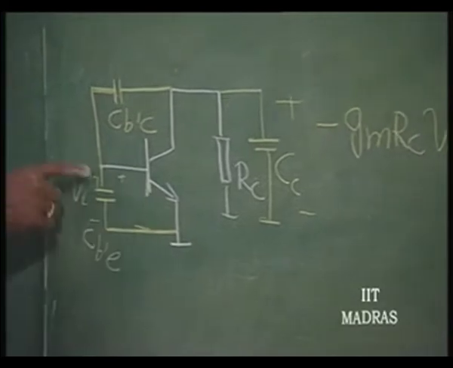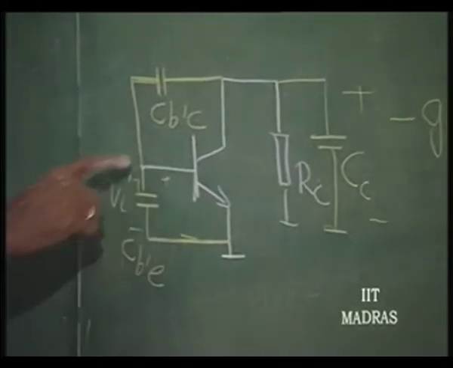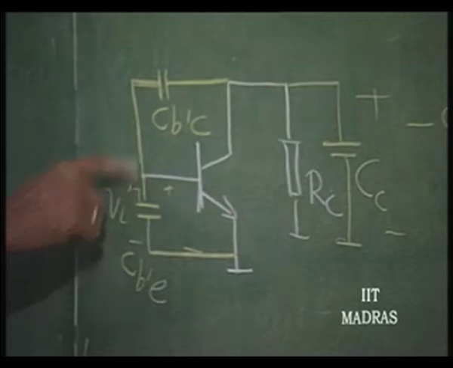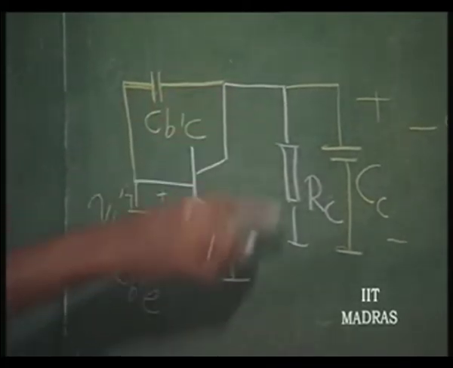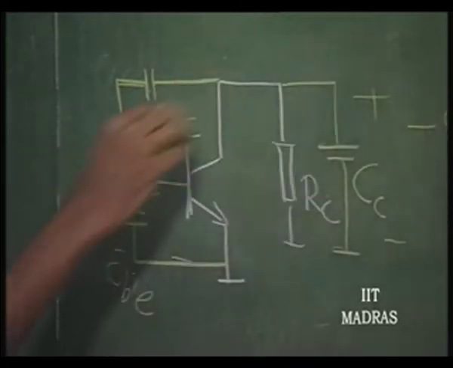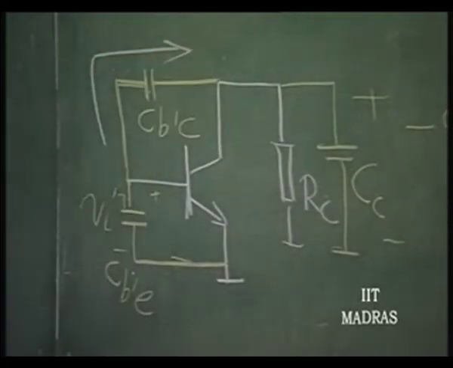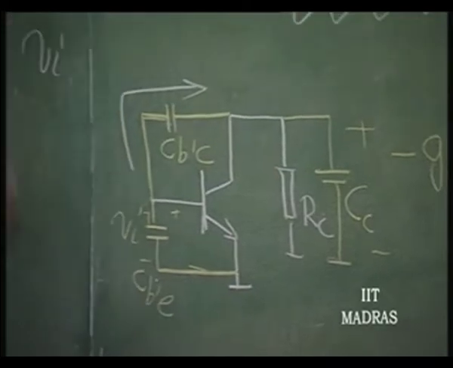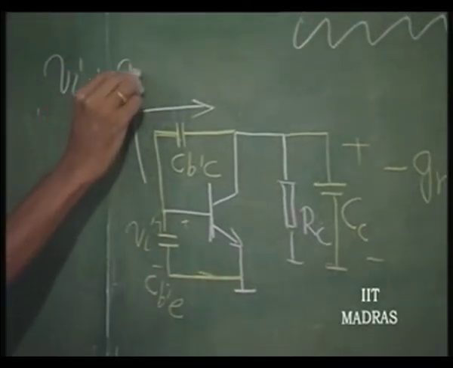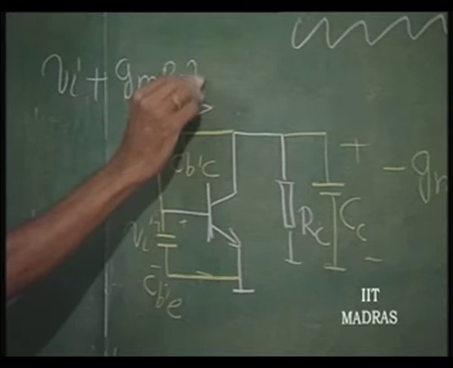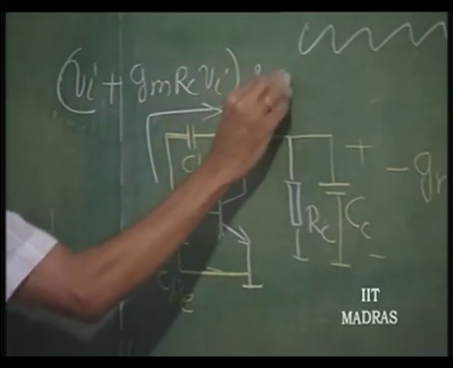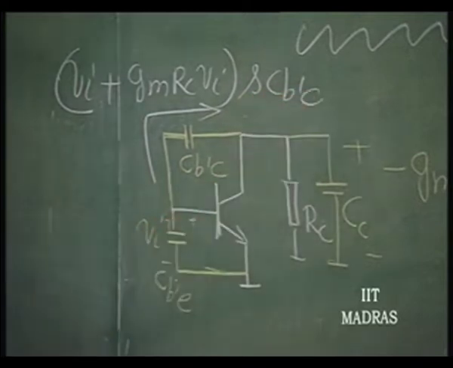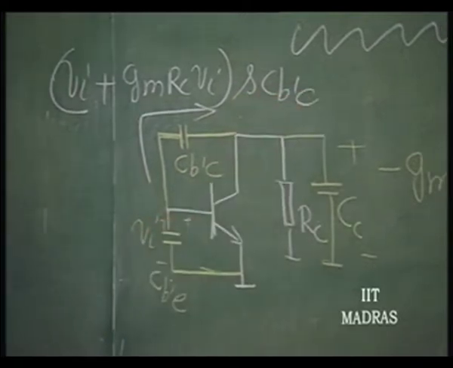This C B dash C is connecting input to output. If this is V I and this is minus G M times R C times V I, then the current in this is V I plus G M R C V I, into S C B dash C, that is the admittance. That is the current in the circuit.